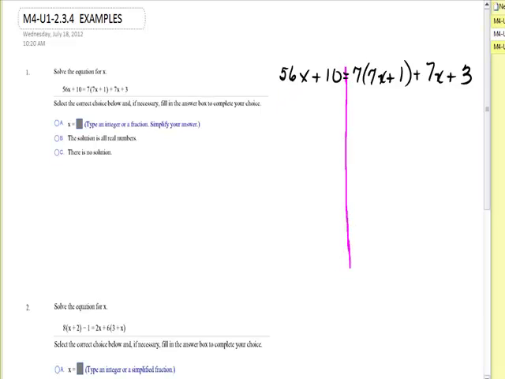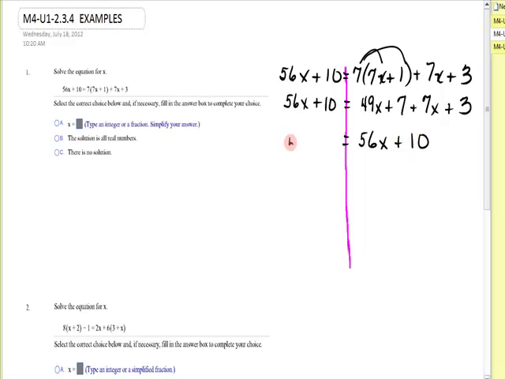On the left, there's nothing for me to simplify, so I keep 56x plus 10 equals, distributive property. 7 times 7x is 49x. 7 times 1 is 7. I have a plus 7x plus a 3. Looking at this right-hand side, I have 49x and 7x for 56x, and 7 and 3 for 10. Well, on the left, I also have 56x plus 10. You notice the left is the same as the right, but let's go ahead and proceed.